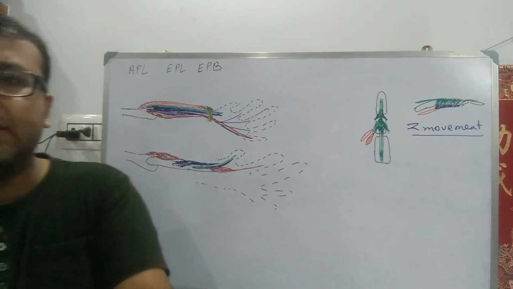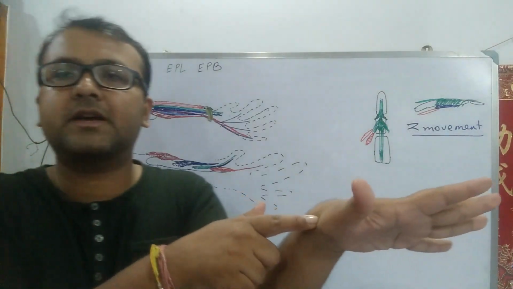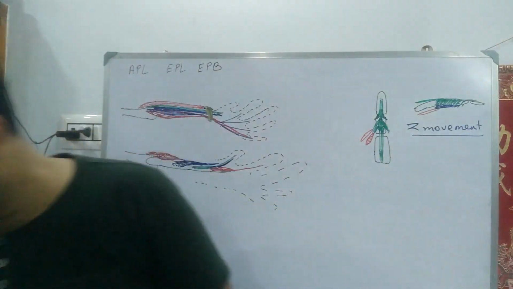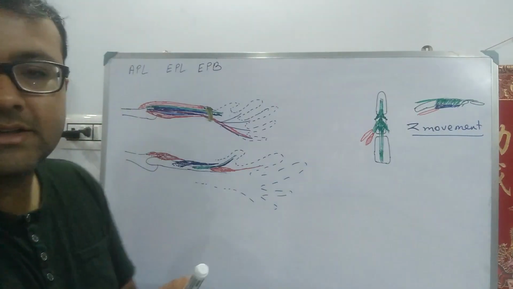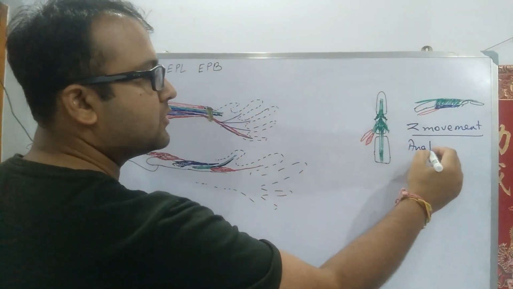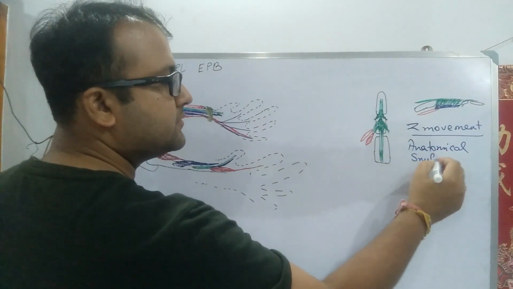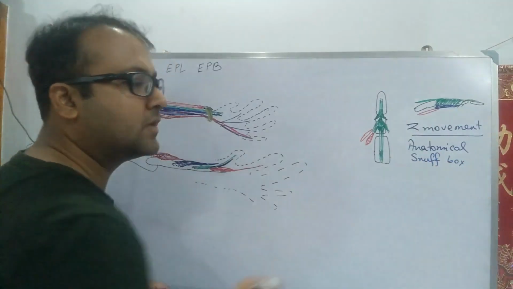This portion is called the anatomical snuff box. I'll write it over here, anatomical snuff box.